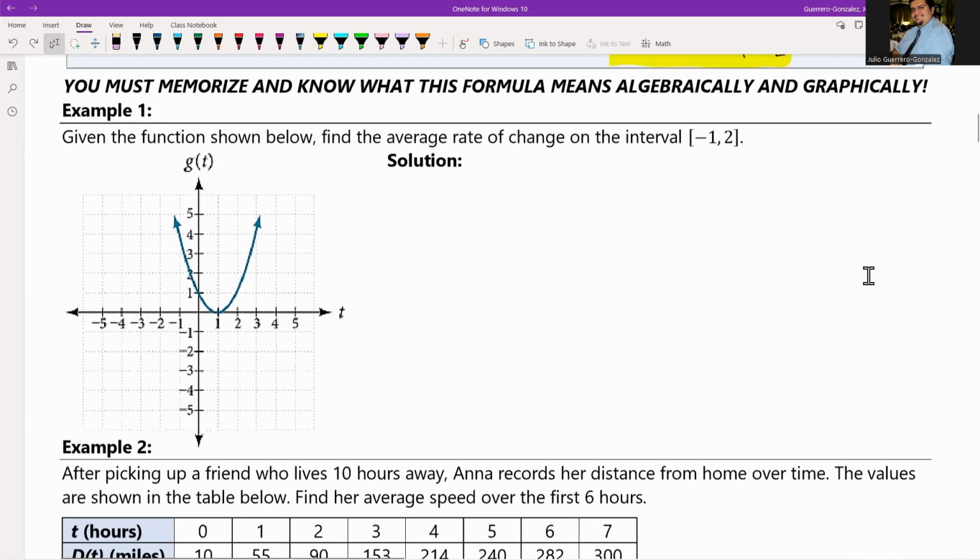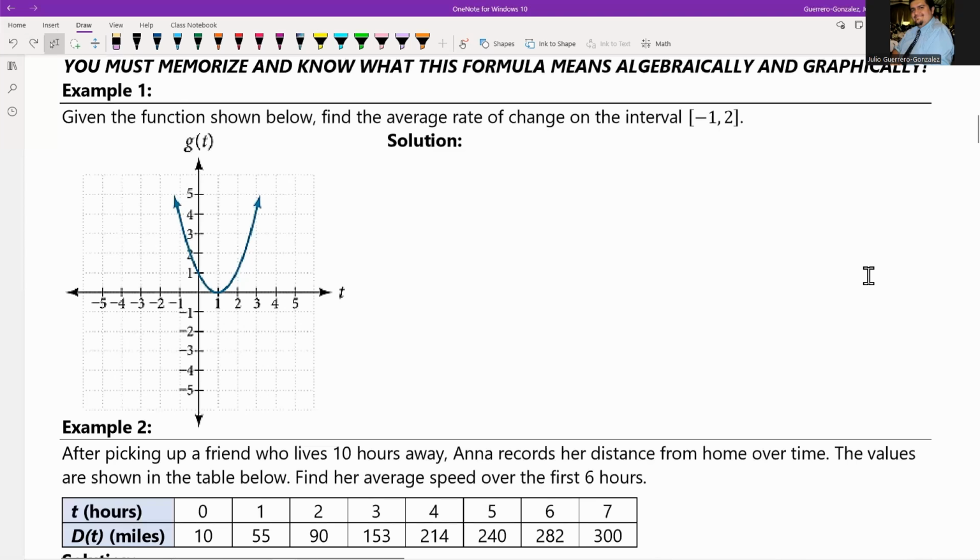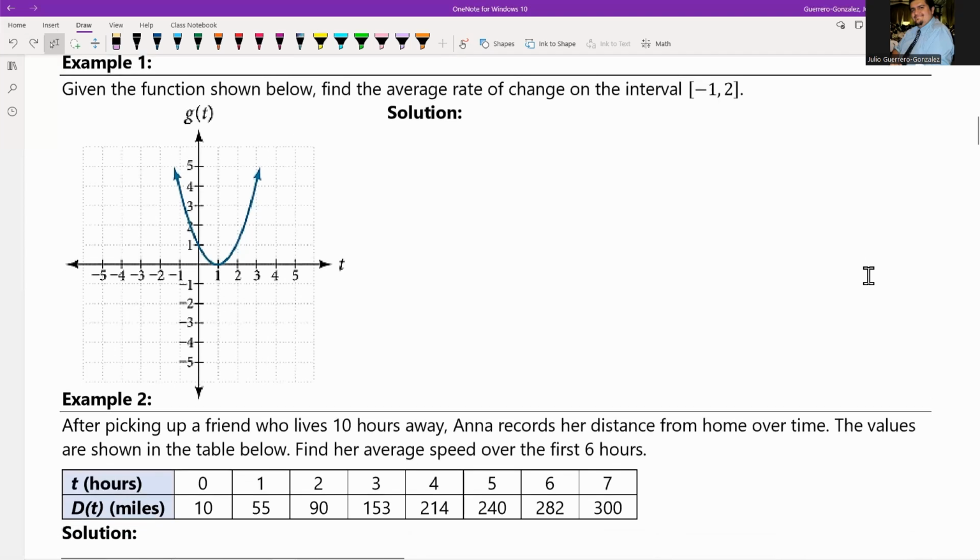So let me go ahead and do this first example. Suppose I wanted to find the average rate of change on the interval -1, 2. And these are x-axis values. I want to find the average rate of change from -1 to 2.